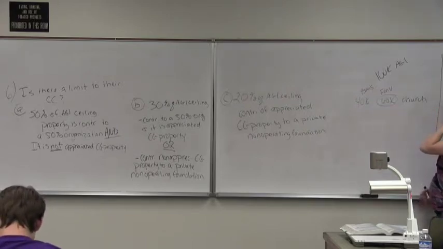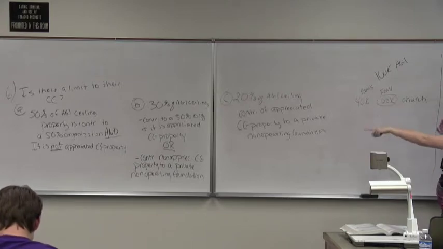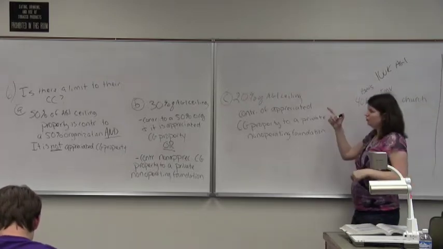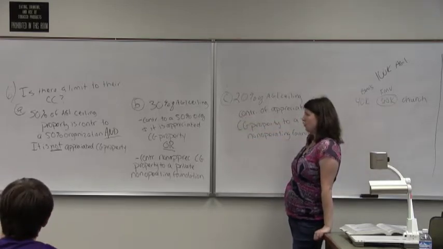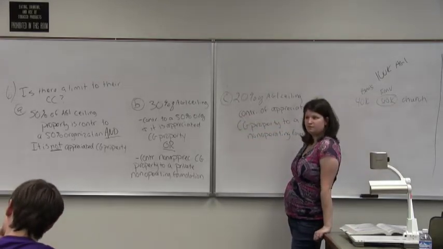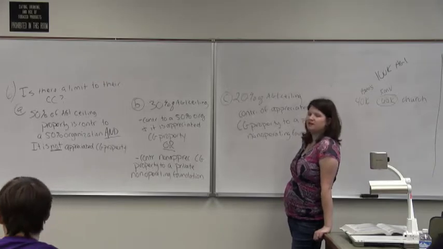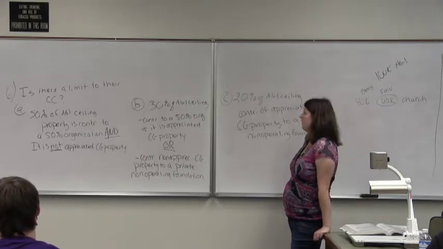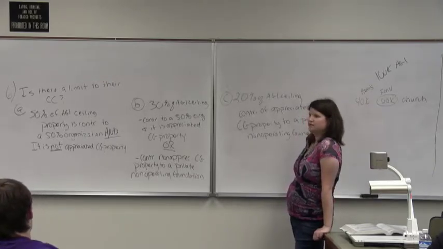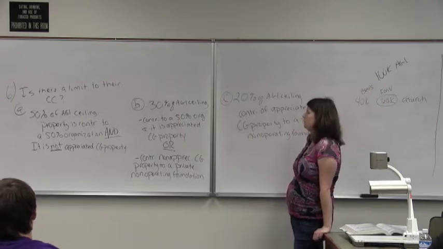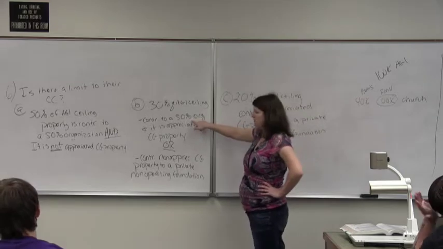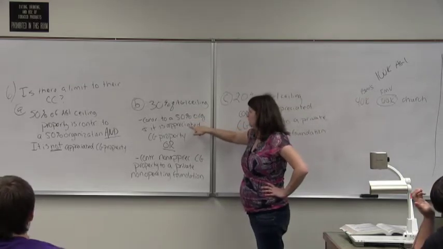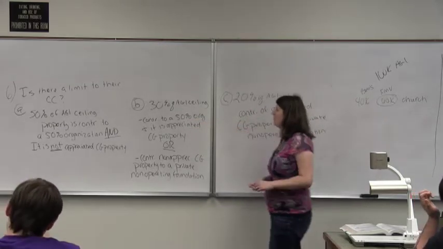So now let's figure out which limit we're going to be put into. Is it going to be the 50% limit? No, why? Because it is appreciated capital gain property. Okay, what about the 30%? Yes, we're going to fall into the 30% because it is contributed to a 50% org and it is appreciated capital gain property.